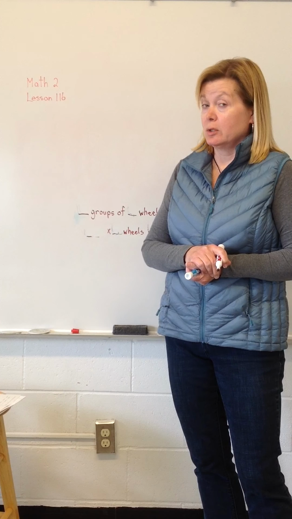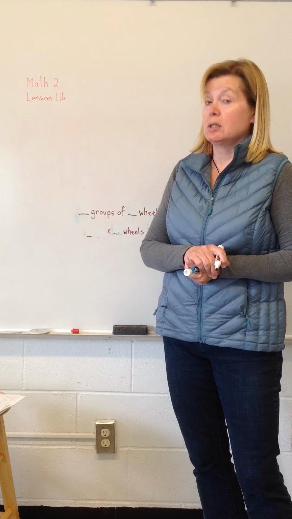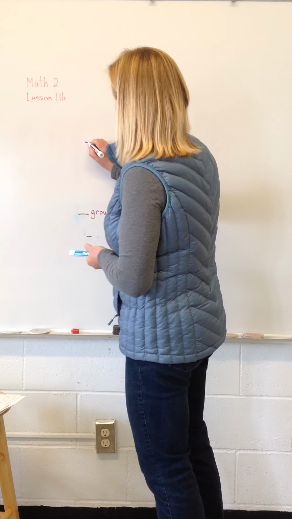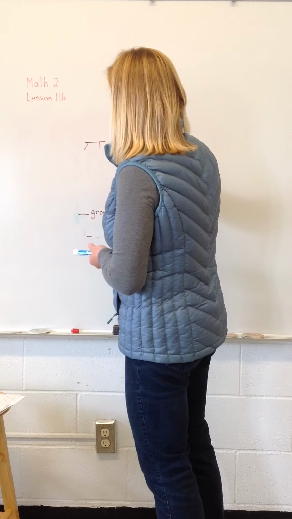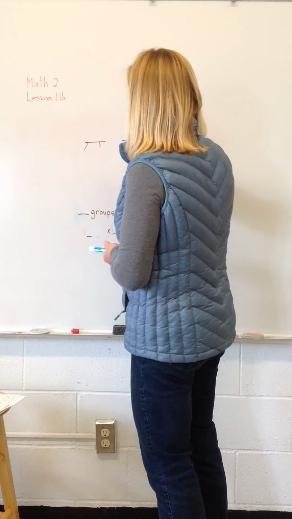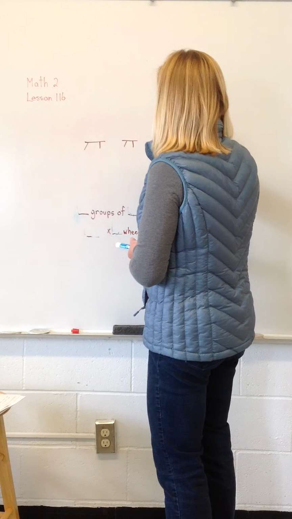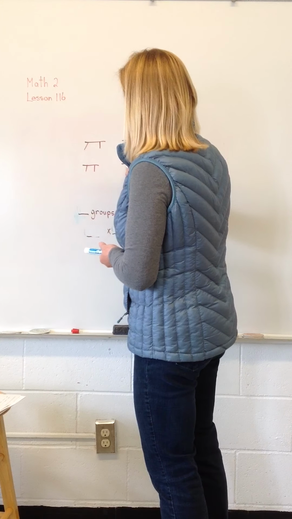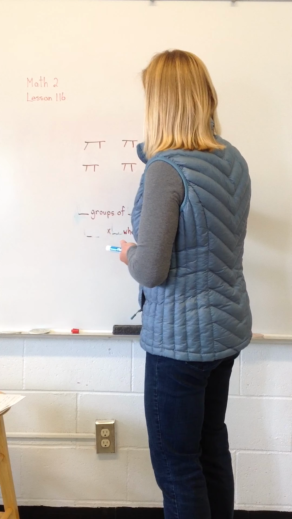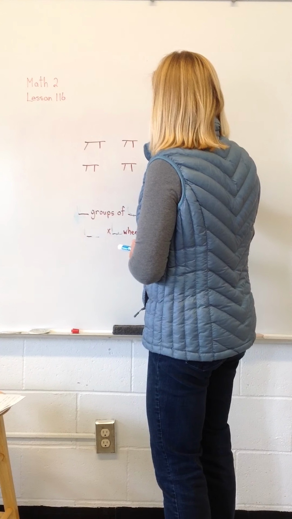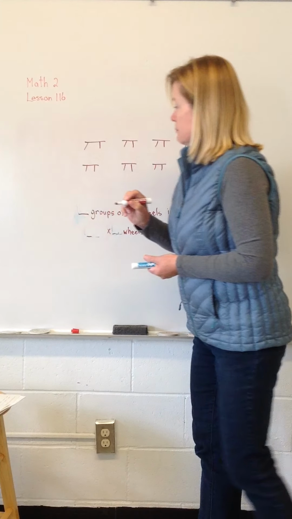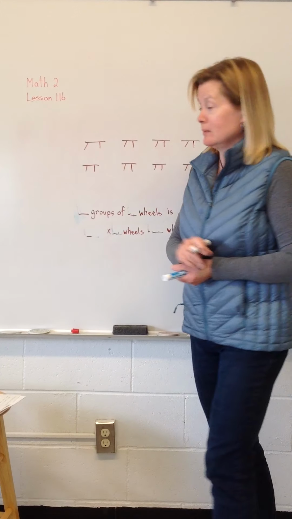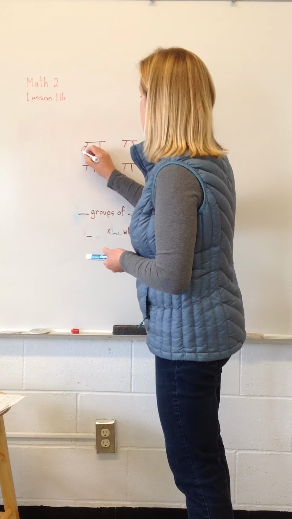So I'm not going to draw a very fancy bicycle, but we need to draw 8 bicycles. I'm just going to do a crossbar and then the 2 bars that go down on the bicycle to go to the wheels. I am sure that all of you can do a much fancier bicycle than I'm doing. How many wheels does a bicycle have? 2. So let's get our wheels on.